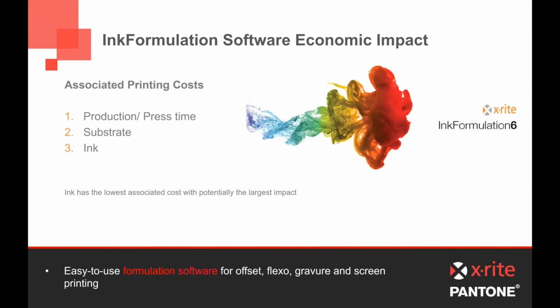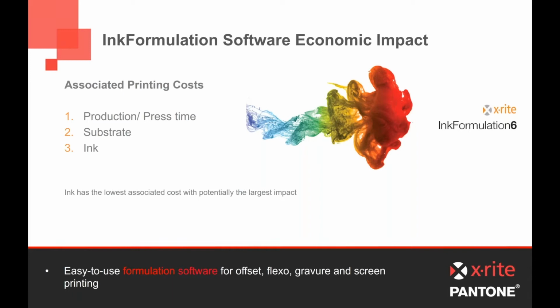Okay, so now we'll go over some of the economic impacts of IFS. You have three primary associated printing costs, which is your production or your press time, the substrate or the material that you're printing on, and the ink.